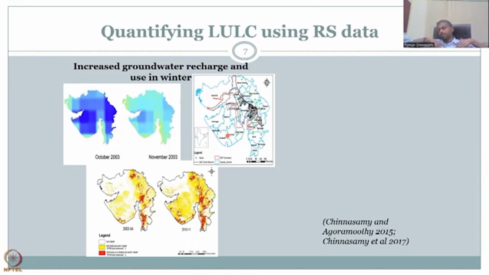Because initially it was barren land, but because of the channelization of water, the land has been converted to agricultural use. And you also put water bodies, canals in the land cover. So now the land use is very, very different because of the more availability of water, which is given in the command areas.